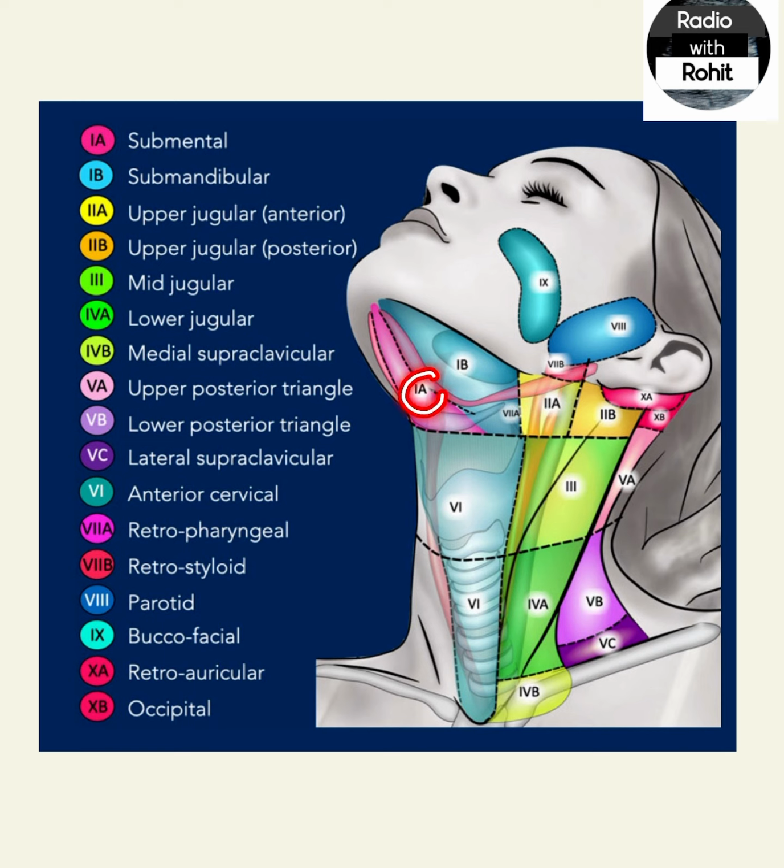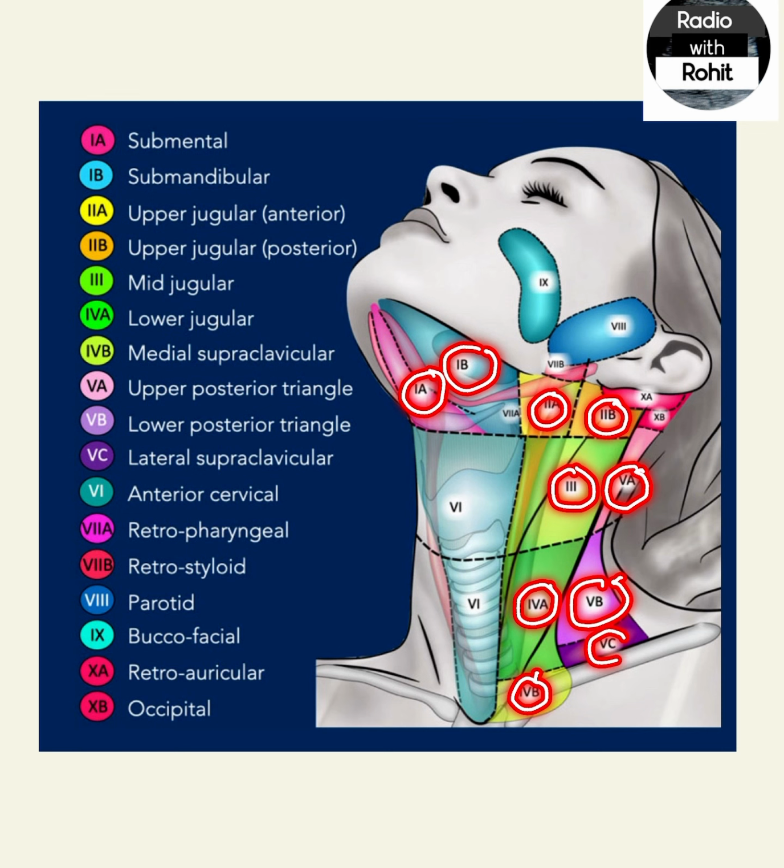So, 1A is our submental, 1B is submandibular, 2A anterior jugular upper level, posterior jugular upper level 2B, 3 is the mid jugular level, 4A is lower jugular, 4B is the medial supraclavicular. 5A is our upper posterior triangle, 5B is lower posterior triangle, and 5C is lateral supraclavicular.